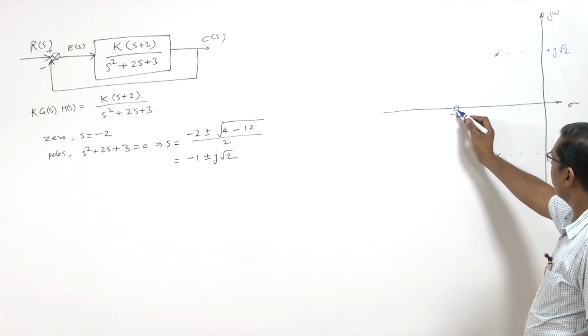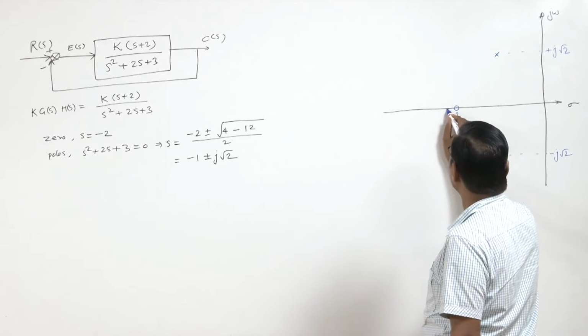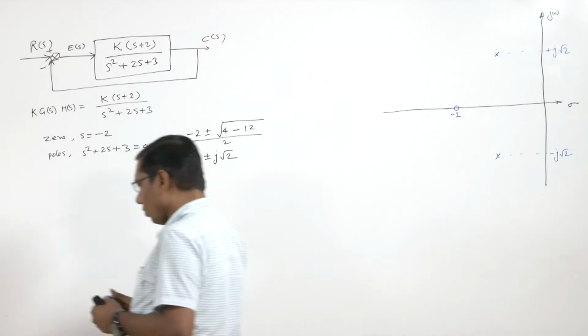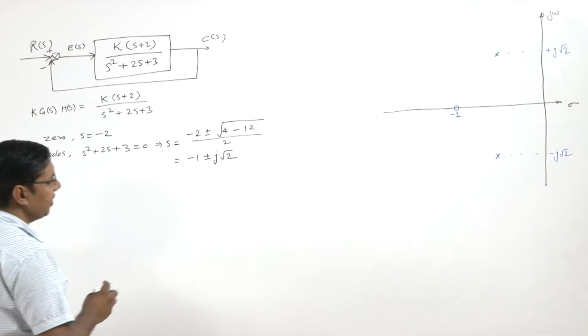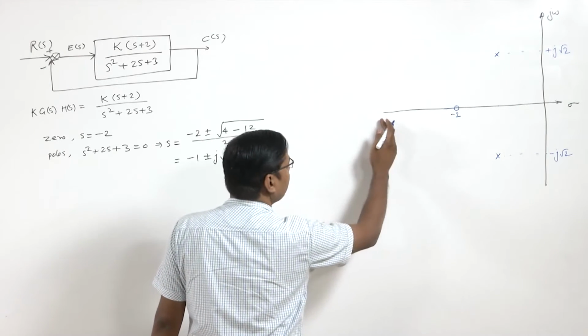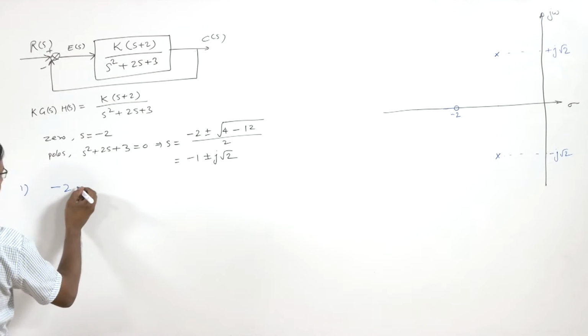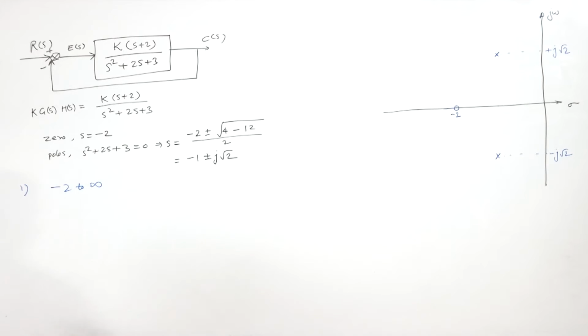This is the third one, so 2 plus 1 is 3. So it will exist in this region, not here. So the root locus on the real axis will exist from minus 2 to minus infinity.